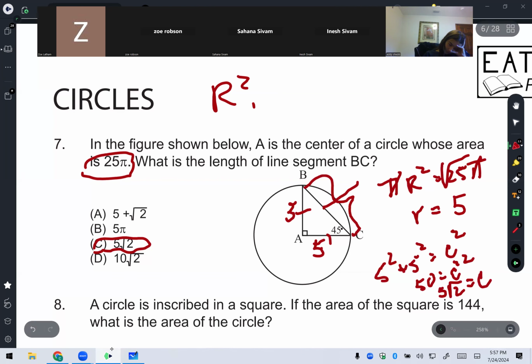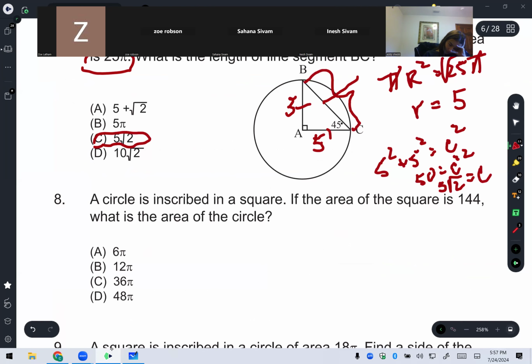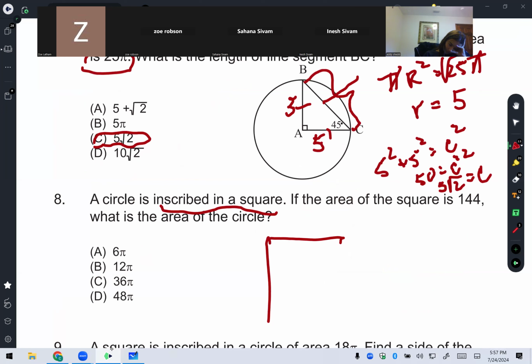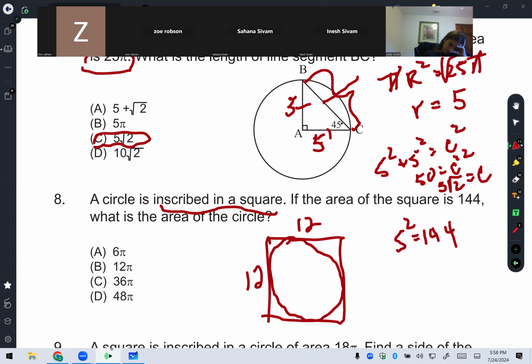Okay, let's try 8. A circle is in the square. So we have to be careful here. So we have a square, and a pretty pathetic circle. So the area of the square is 144. So that means this side's 12 and this side's 12.